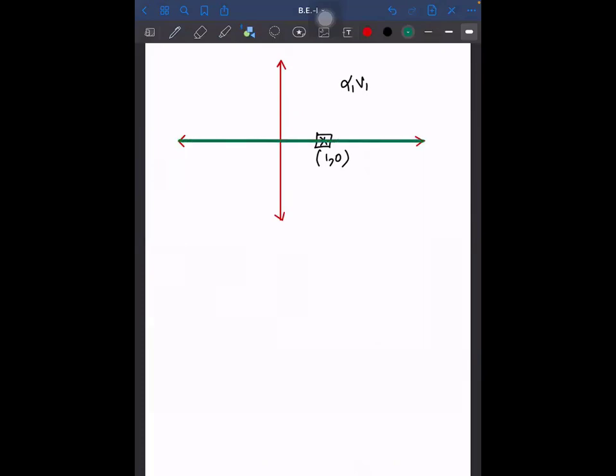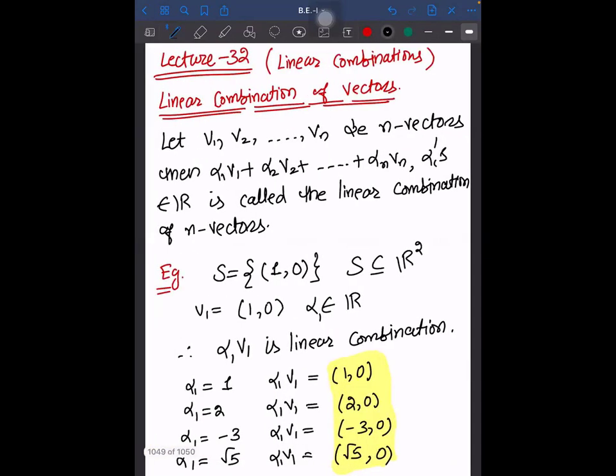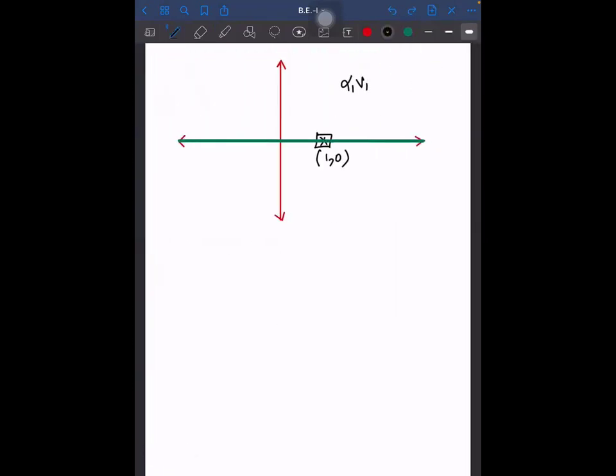Now there is one important notation. This linear combination can also be put into a set. You write the linear combination in a set, that means alpha 1 V1, alpha 2 V2, and so on up to alpha n Vn, such that each alpha belongs to the real numbers, and this is a set.